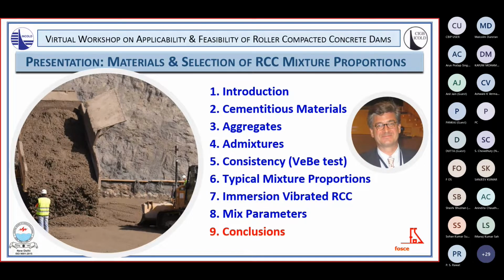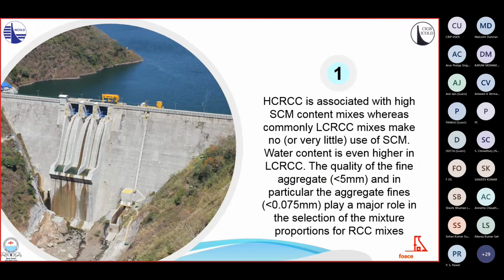And finally, let's draw some conclusions. Number one, high cementitious RCC is associated with high supplementary cementitious materials content mixes, whereas commonly low cementitious RCC mixes make no or very little use of such SCMs.